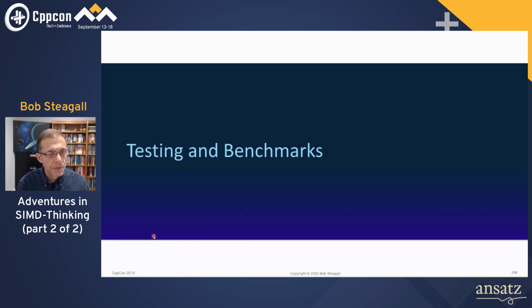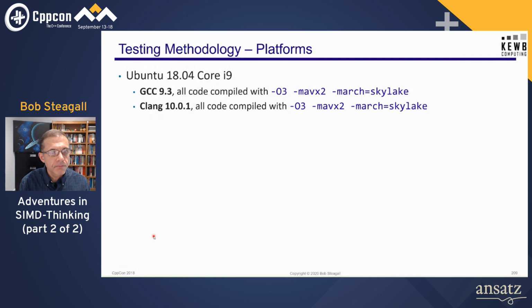Well, let's look at some testing, and I actually end up just extending the testing that I did 2 years ago. I've improved the compilers, though. I actually did most of this work before I built GCC 10 for myself, so I did it with GCC 9.3. And these were all built on Ubuntu 18.04 on a Core i9, a machine that I own.